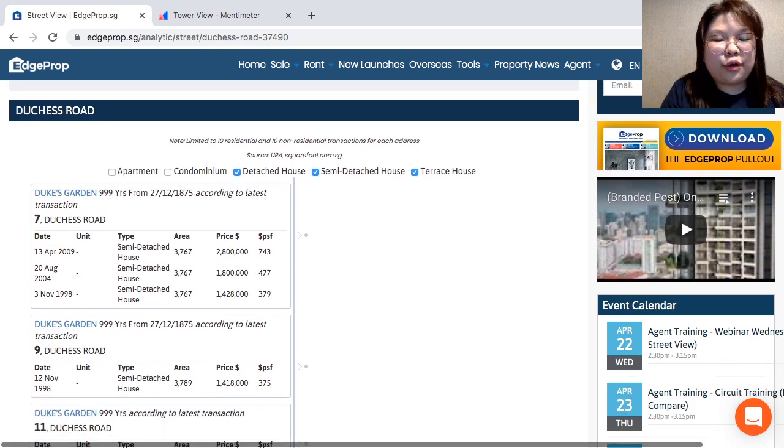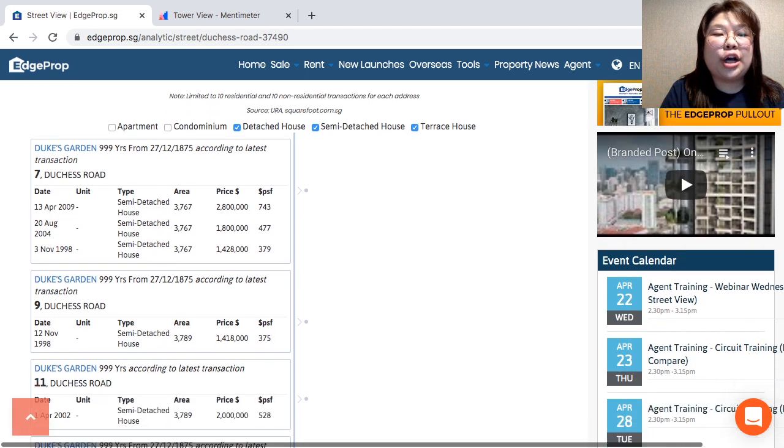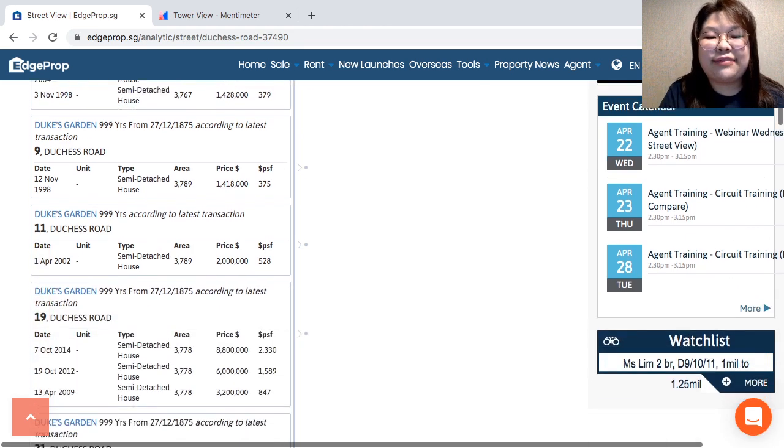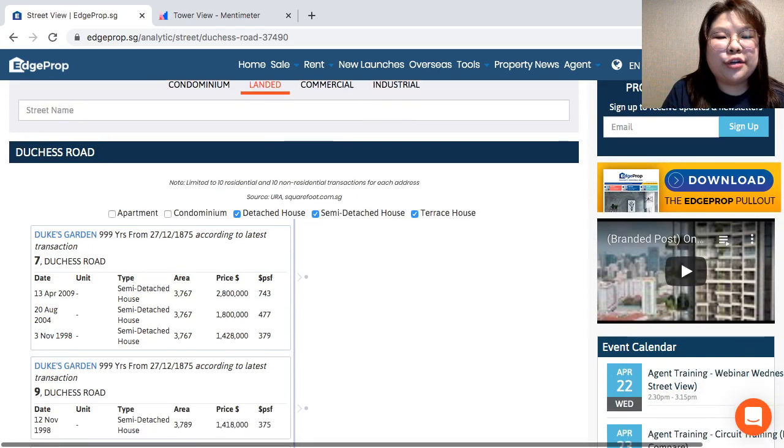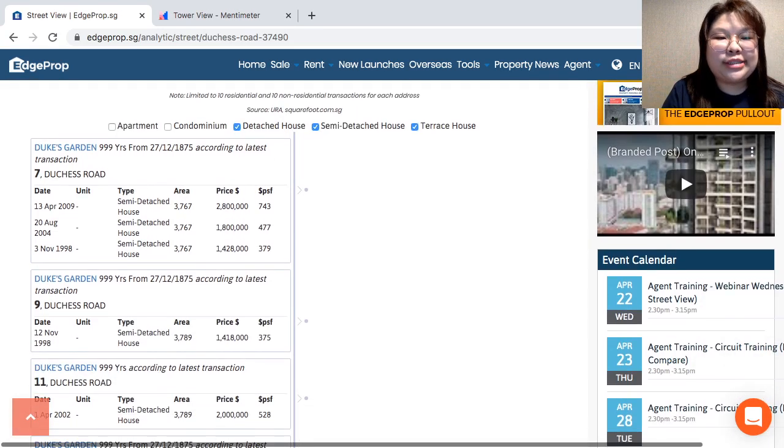Now over here, you can see there's a left-hand side and a right-hand side. On the left-hand side, this is where you see all your odd numbers. So you can see 7, 9, 11. On the left, odd numbers. On the right, all the even numbers. So you can see 24 would be on the right-hand side. And you will notice that all the transactions for the unit would be shown up here.